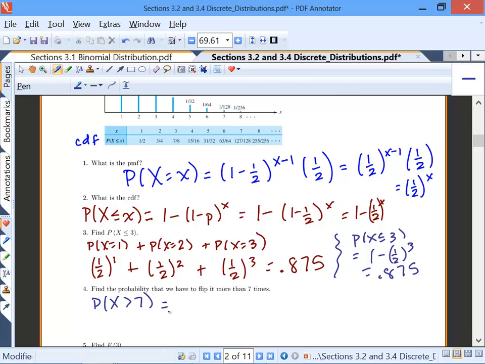Probability that x is greater than 7 is the same thing as 1 minus the probability that x is less than or equal to 7. So it's going to be 1 minus, and I'm going to use my CDF here. My CDF is 1 minus 1/2 to the power of x, so 7.